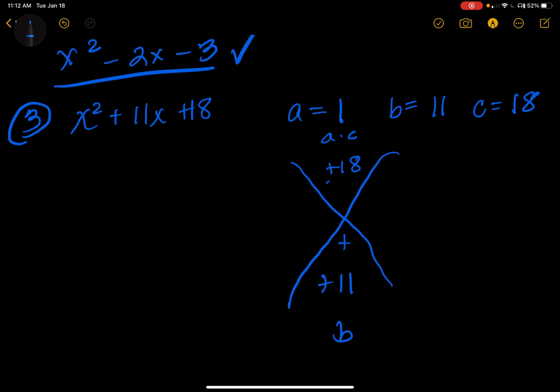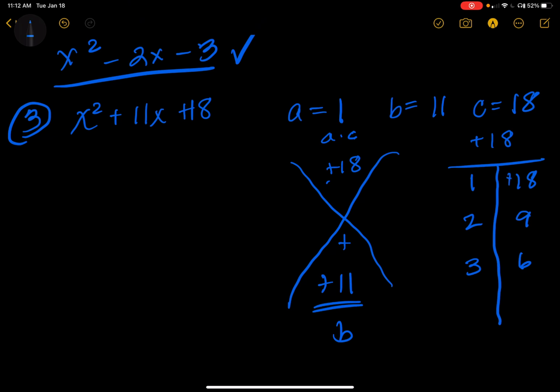So we know that our 18 is positive. So we need our factors to be either both negative or both positive. So we got 1 and 18, 2 and 9, 3 and 6. And we want to add to be a positive 11. So for us to have the sum as a positive, then both numbers are going to have to be positive because they have to multiply to be a positive.